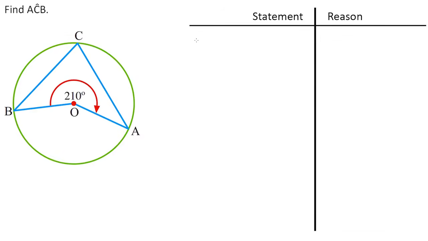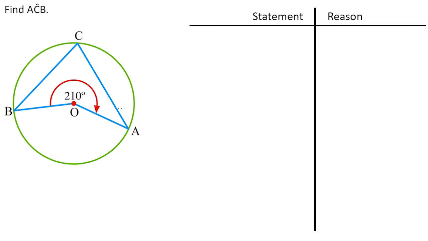In the following example, we need to find the value of ACB. First of all, you can see that ACB is an angle at the circumference of the circle. Now we need to look at what information they provide in order to find ACB, and is that information linked to ACB?